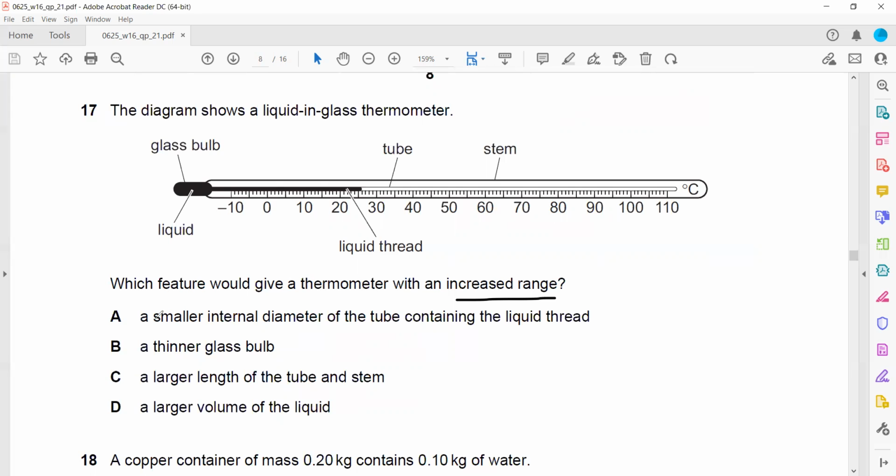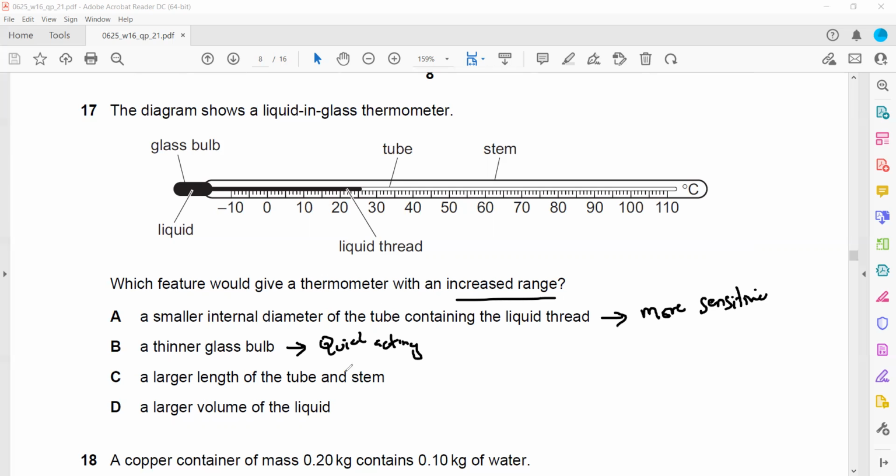So option A, smaller internal diameter, like using a thinner capillary. What will it affect? It will make it more sensitive. It does not affect the range. A thinner glass bulb will make it responsive or quick acting, so the thermometer will react in a short time.